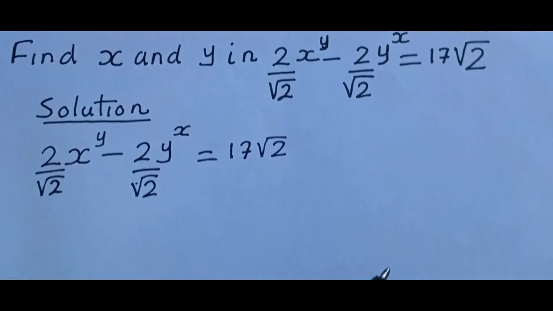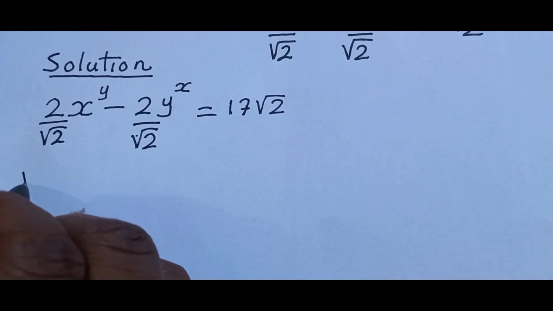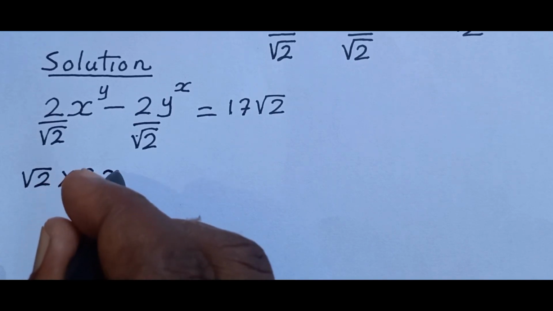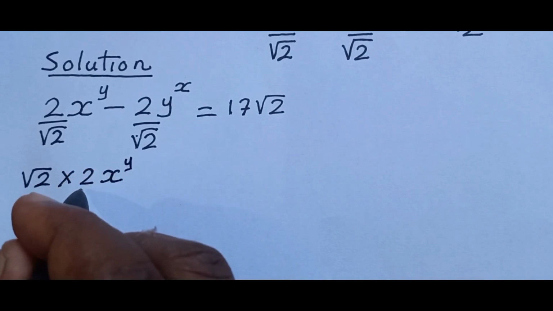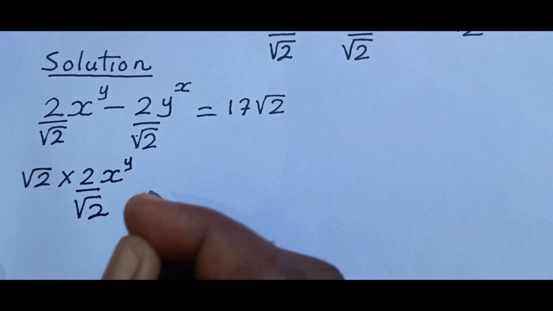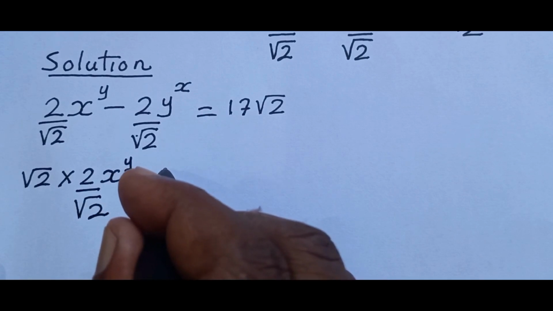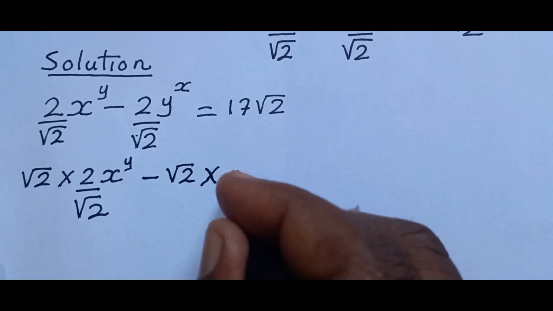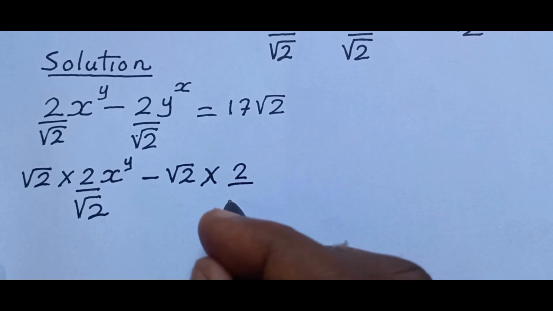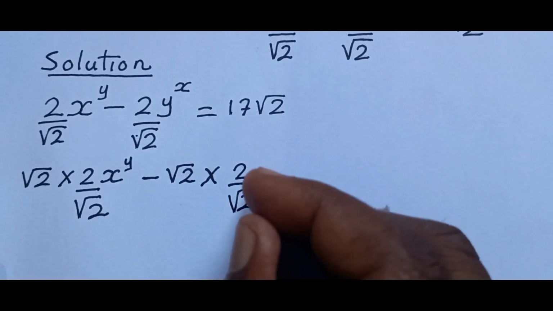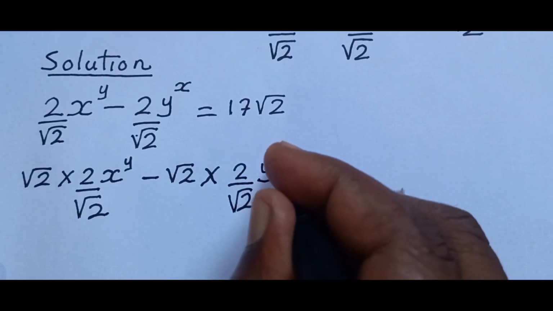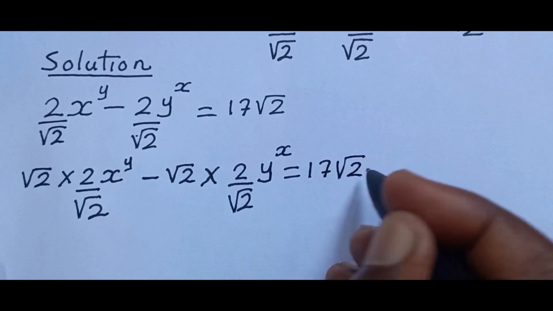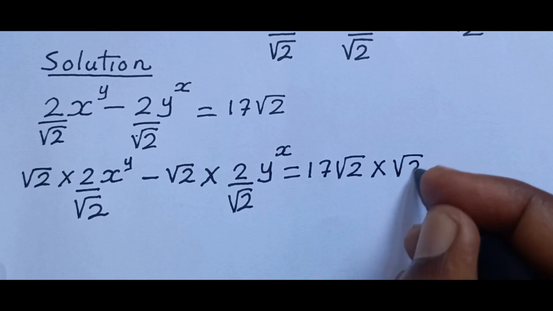So we have radical 2 times 2x raised to power y over radical 2 minus radical 2 times 2 over radical 2 y raised to power x equals to 17 radical 2 times radical 2.